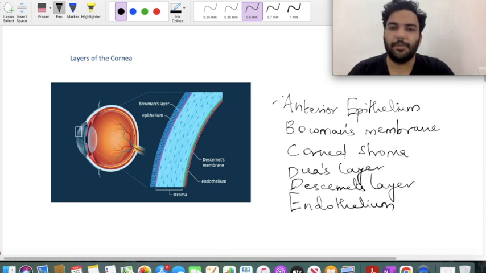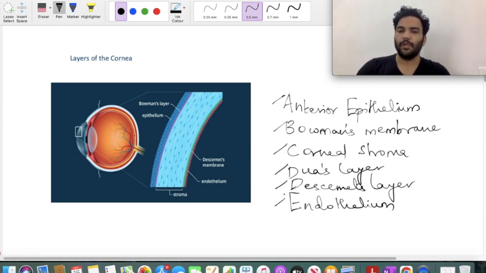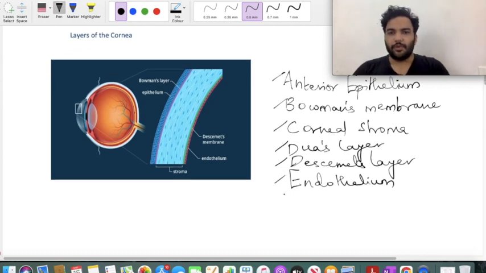So anterior epithelium, Bowman's membrane, corneal stroma, Dua's layer, Descemet's layer, and the endothelium. So let us discuss each and every layer today.